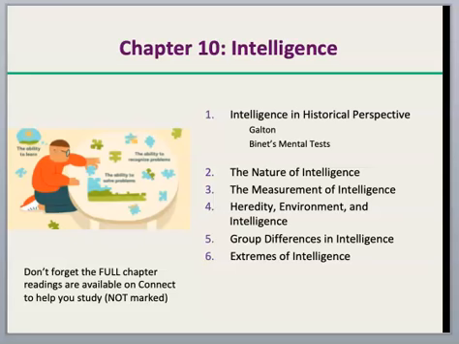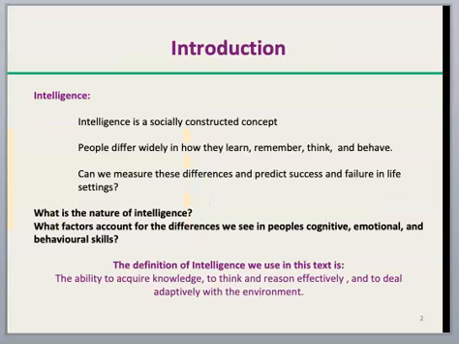Okay, so with that said, let's start with intelligence. It's important to note that intelligence is a socially constructed concept, which partially sparks why there are so many different definitions, and there's disagreement over what exactly intelligence is across cultures.